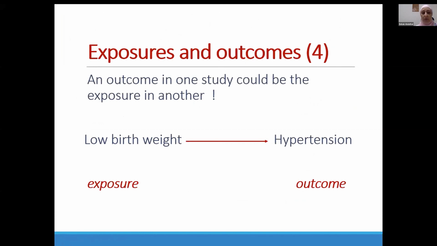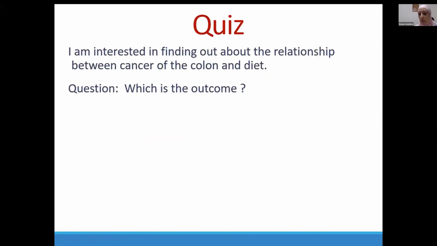It's very important. So this is a quiz for Golana. Golana, can you hear me? I don't think she can. Yes. Yeah, good. Excellent. So if I'm interested in finding out the relationship between cancer of colon and diet, what is the outcome? What do we suppose will be our outcome?